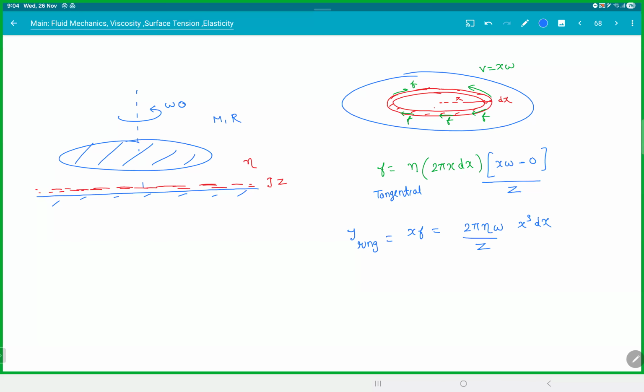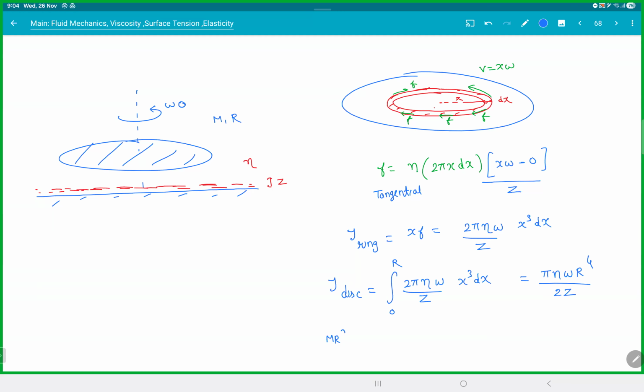And since all the rings are connected to the disk, it's a big disk, you have to get the whole disk. So torque on the disk will be the integral of 2 pi eta omega by z x cube dx. So this is the torque as a function of omega: pi eta omega r power 4 by 2z. But we know torque is equal to I alpha.